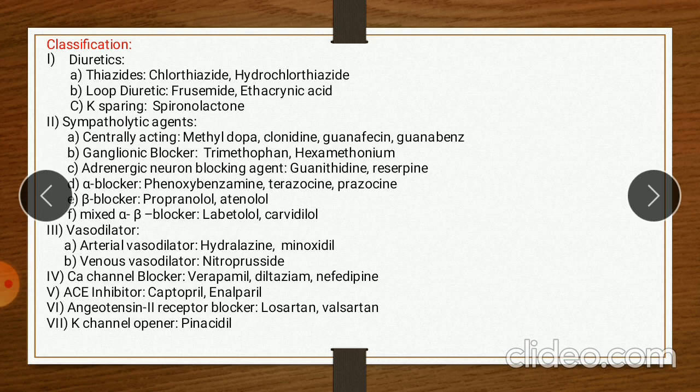Then hydralazine, a vasodilator, is given. Calcium channel blockers we have already covered. ACE inhibitors and angiotensin II receptor blockers are also given in your syllabus. So we only cover those topics given in your syllabus. That is the classification of antihypertensive drugs.